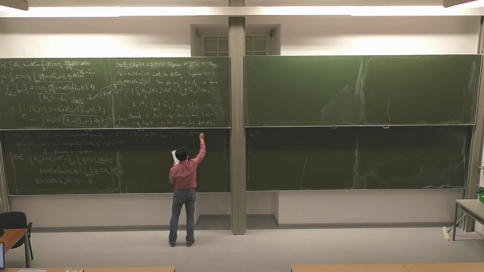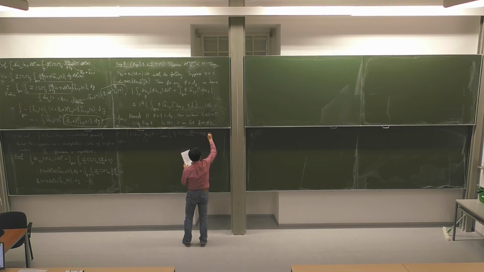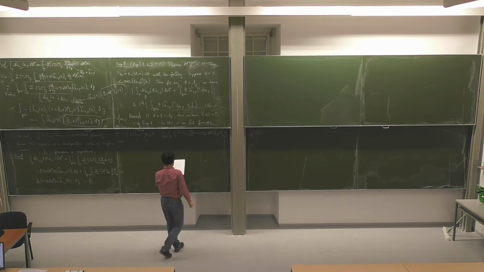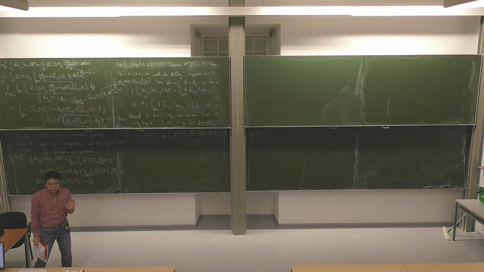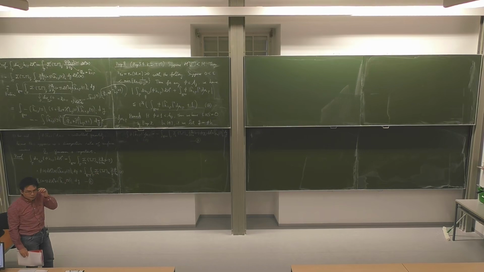Here is a phi of y, and dhn, x and h tilde of I dy. Okay, and let's call this b. So you just write out the definition of these quantities and it comes out to be like this.